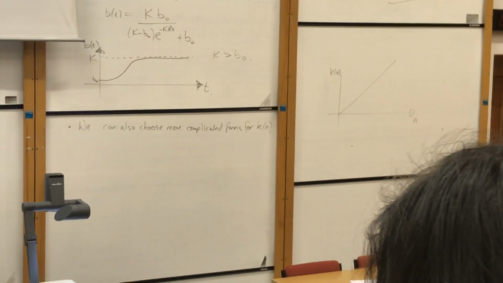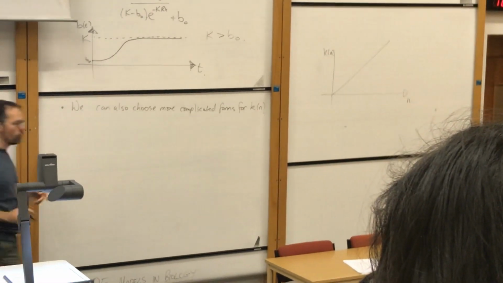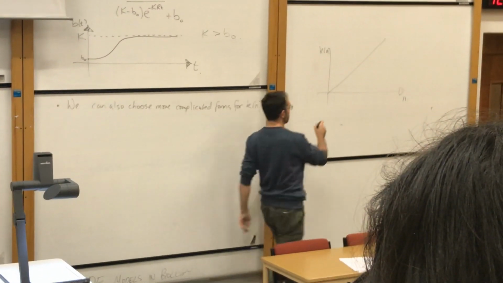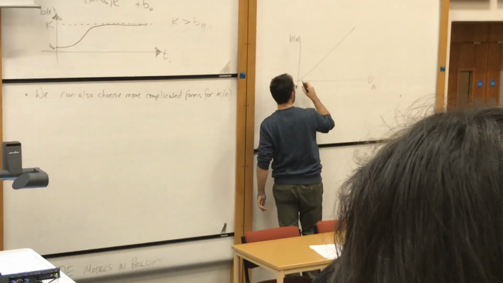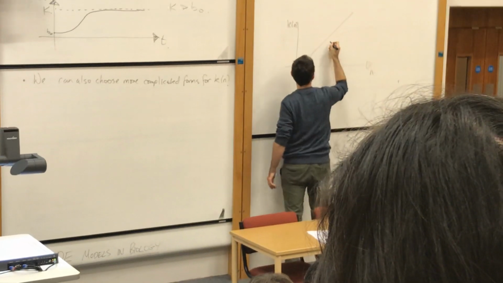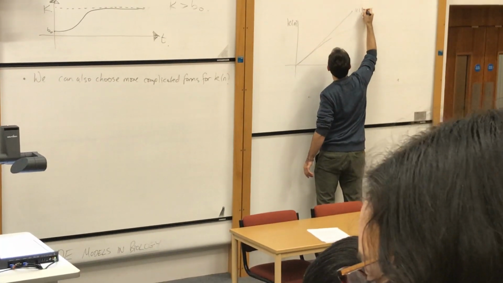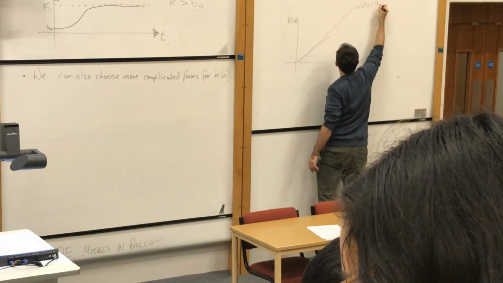So having K of n be linear is probably also not realistic, and a more realistic case would be some form which, rather than going out to infinity, becomes saturated after some time.